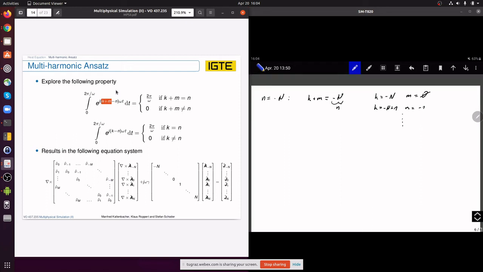So we can write this permutation thing here as a matrix, as a vector multiplication. So we say the curl of a vector consisting of the Fourier modes of the magnetic reluctivity signal. So we have 0 that we have to multiply with the A exponent minus n.